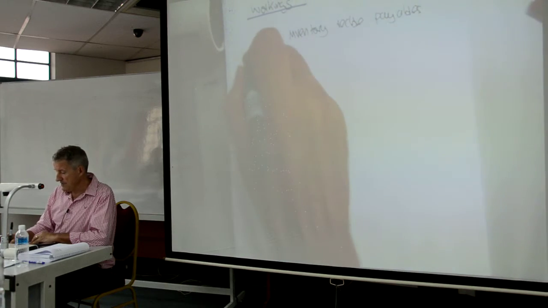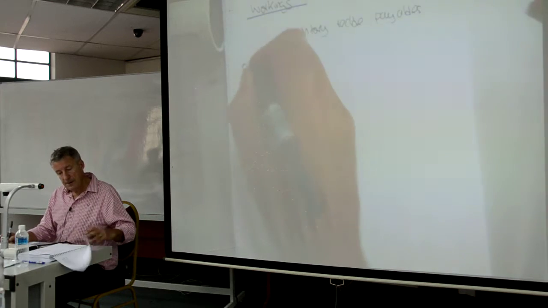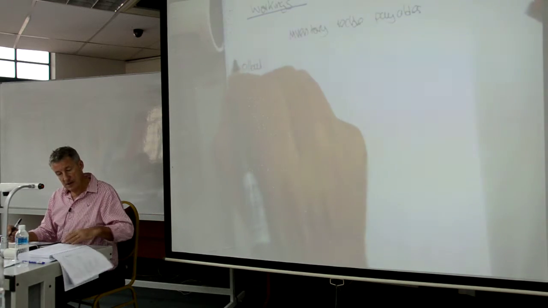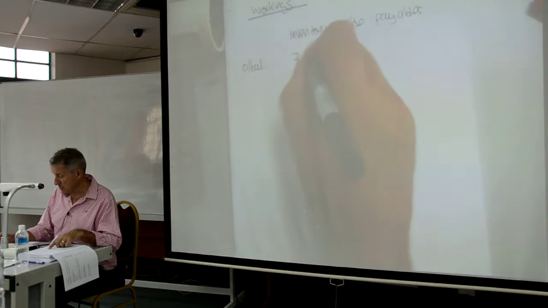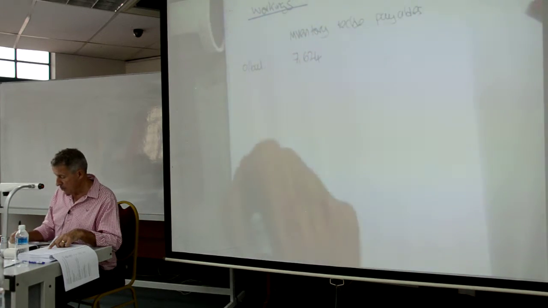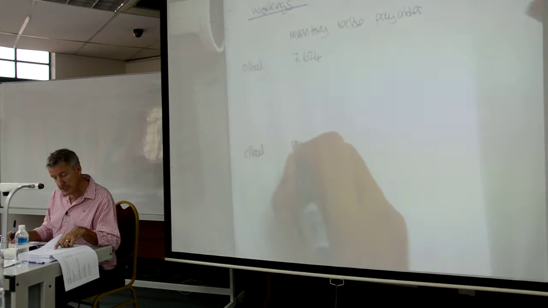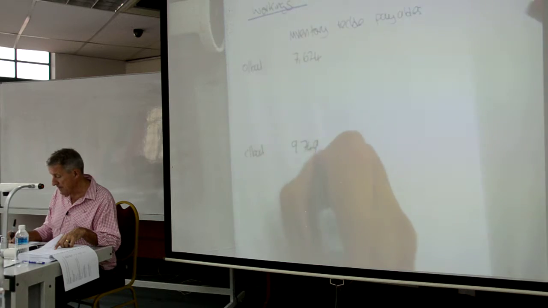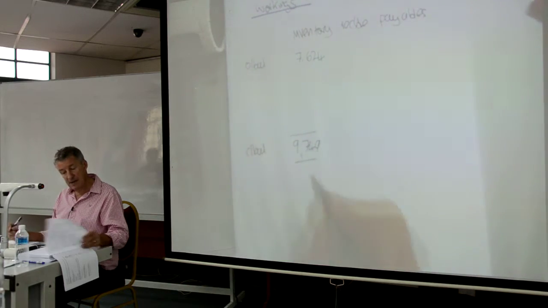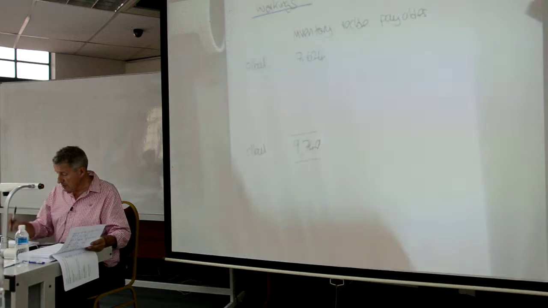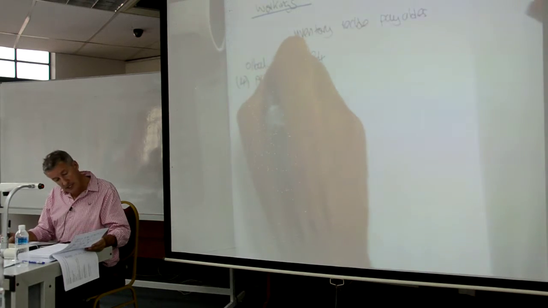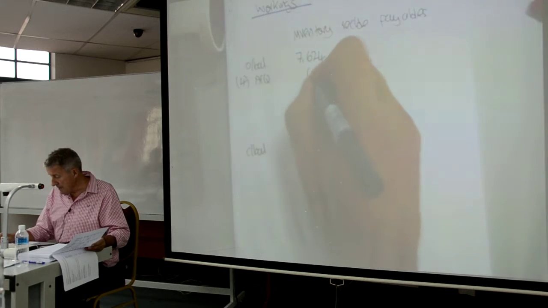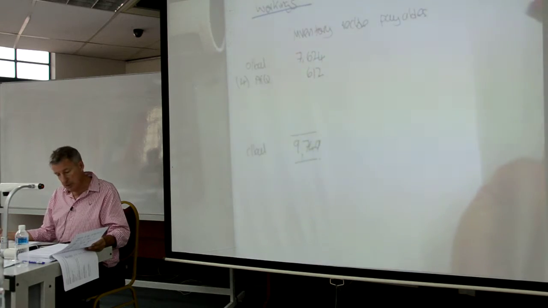So let me do the inventory first of all. When I look at the inventory in the question, the opening inventory is 7624 and the closing inventory is 9749. But when I have my wits about me, I am conscious of note number 4, because I have acquired a sub, and the additional inventory was 612.